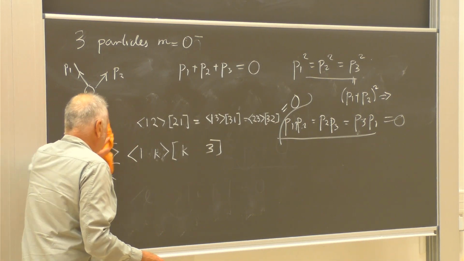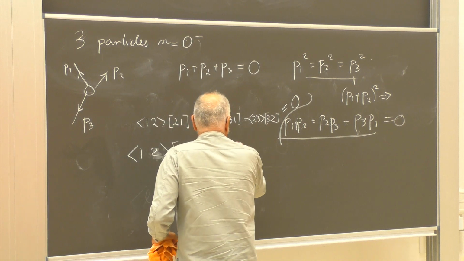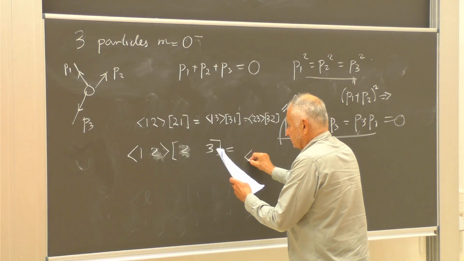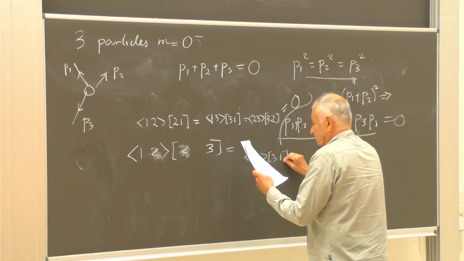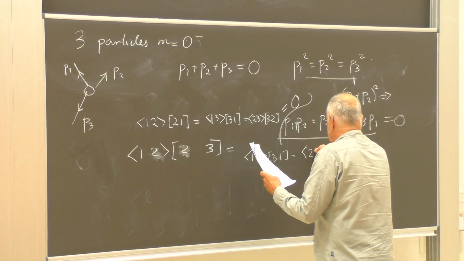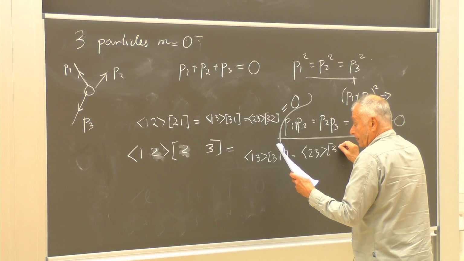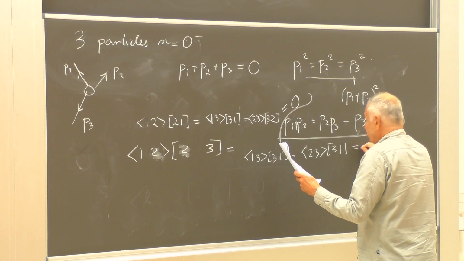So we have another product which is vanishing. And again, there are actually 3 of those products by the same argument, which is equal to 0, yes?